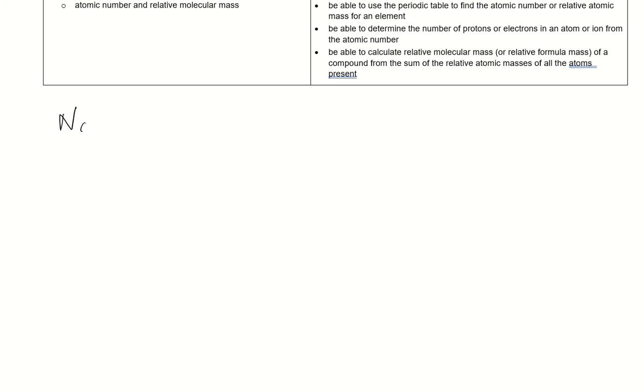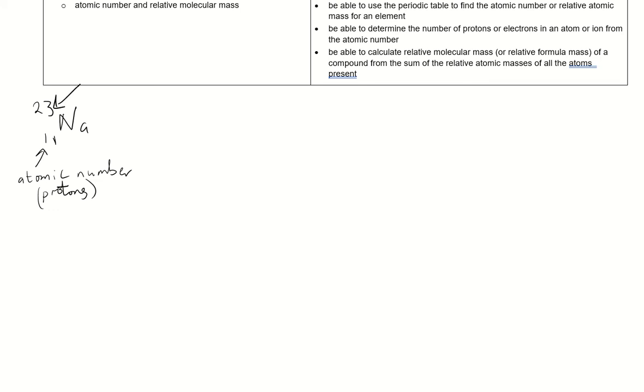So for example, if I pick sodium out, with 11 and 23, your atomic number is always the smaller number. It's usually the bottom one. So that's that. And the atomic number by definition is the number of protons.